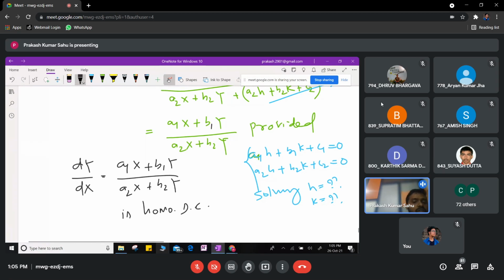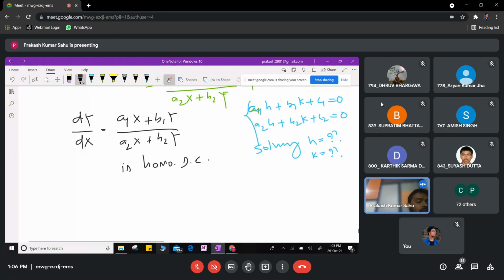Now if it is a homogeneous differential equation, then again you substitute y is equal to vx, or y by x is equal to v, whatever. You know how the homogeneous equation is solved. So this is the process.